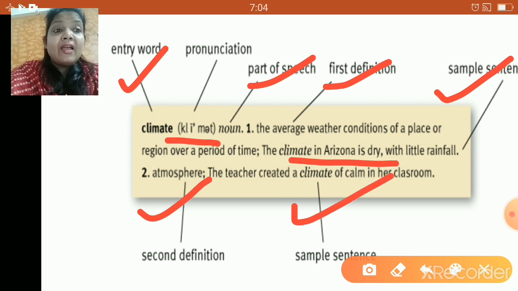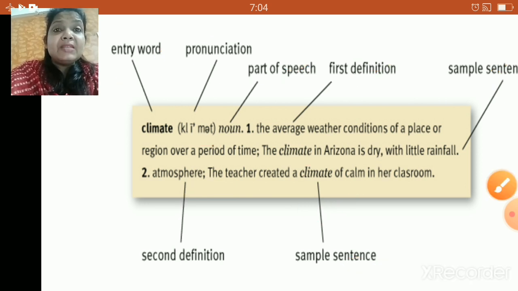Yes, children, I'm very sure that you are clear with how to identify the entry word. It's very easy. We need to understand all these parts: entry word, how to pronounce the word, part of speech, first definition, sample sentence, second definition, and sample sentence again.